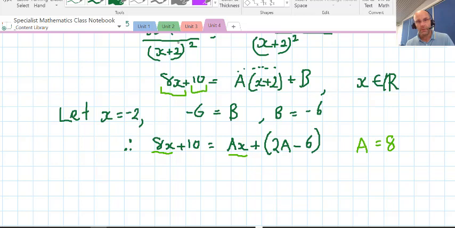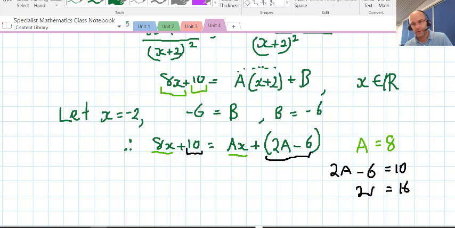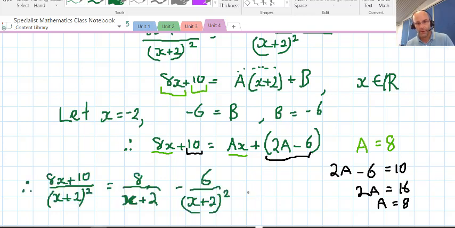Or another way of looking at it is by looking at the constant term 10. So you could say 2A - 6 equals 10, 2A is 16, A equals 8, no matter which way you cut and dice it. And voila, we have our partial fractions.